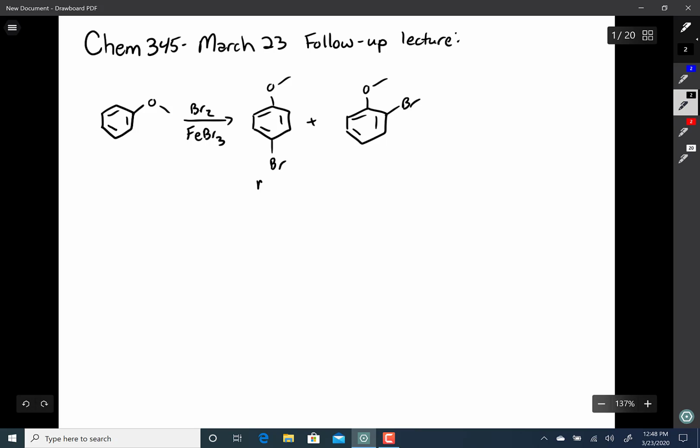Now the major product when you have an ortho-para director is the para substituted, because of sterics. Typically the para is major over the ortho.